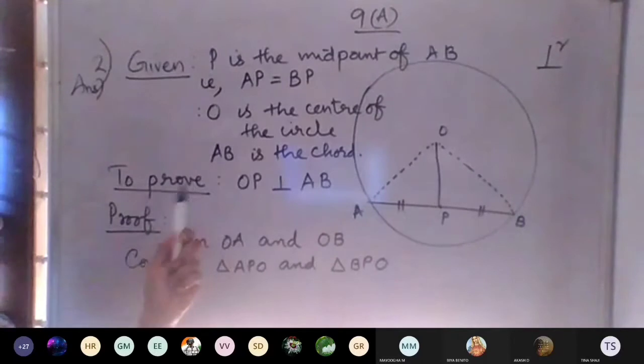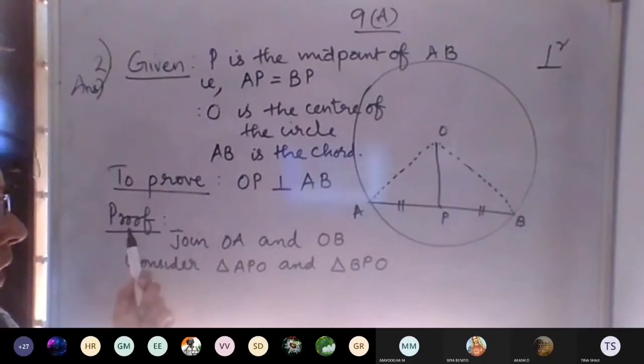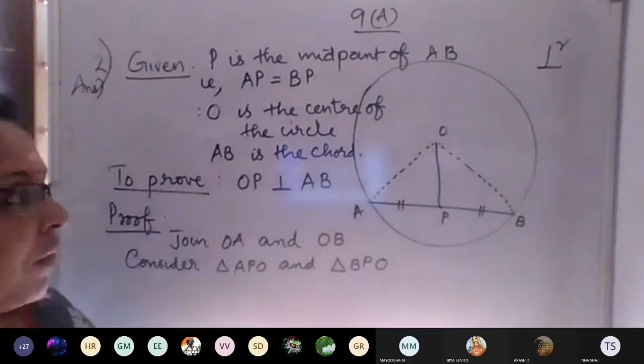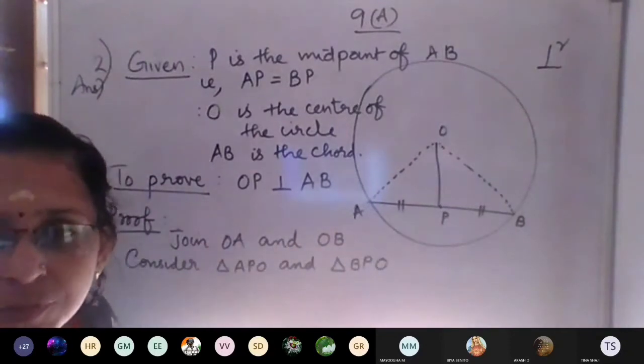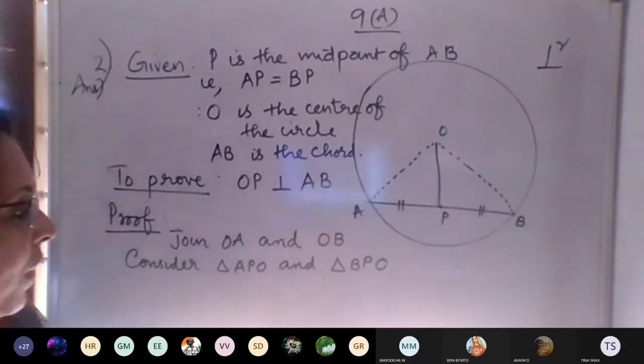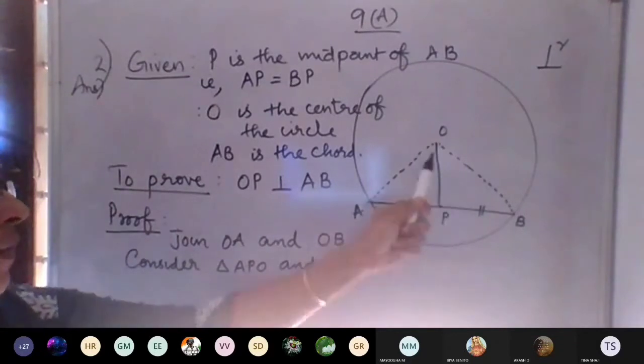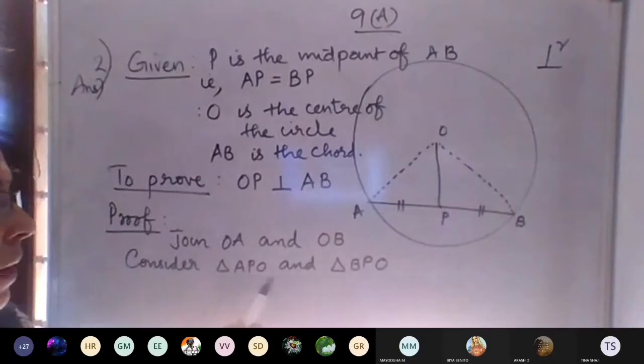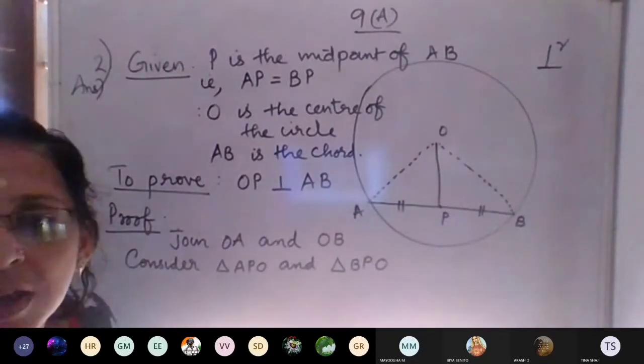Given, then to prove, then proof. Before starting the proof, whatever drawing or construction we have done, we have to specify that. So if we join OA and OB, we got two triangles APO and BPO. Up to this, okay?